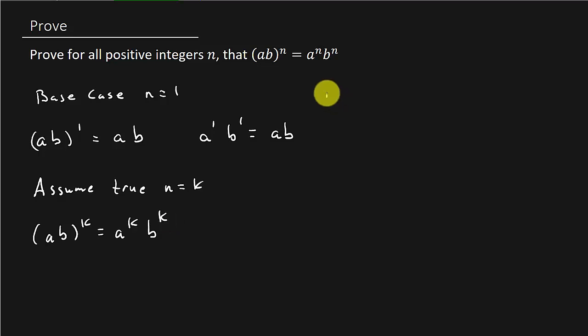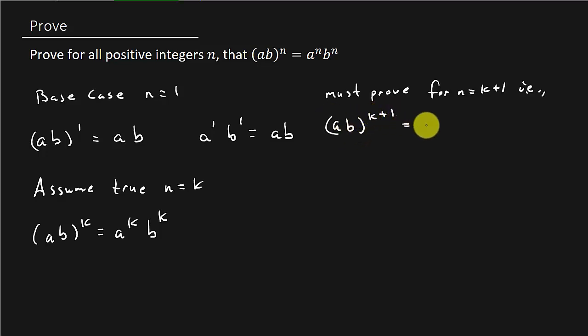All right, so we must prove it for n equal to k plus 1, which is (ab) to the k plus 1 is equal to a to the k plus 1 times b to the k plus 1. So what we're doing here is we're replacing the n's with k plus 1.